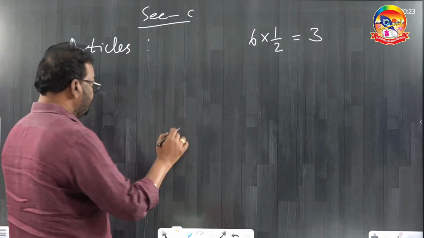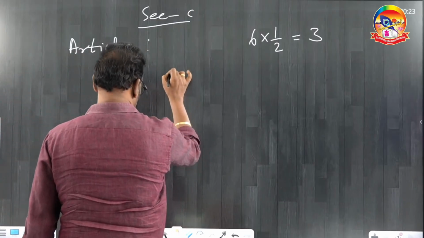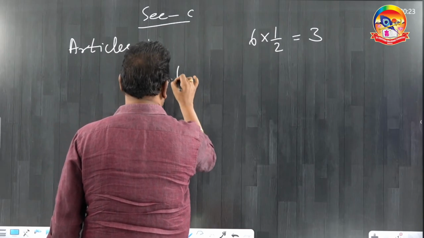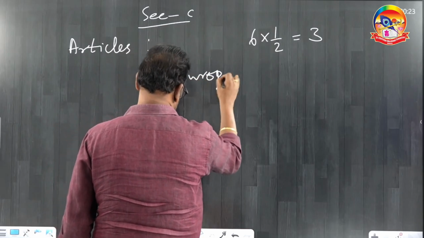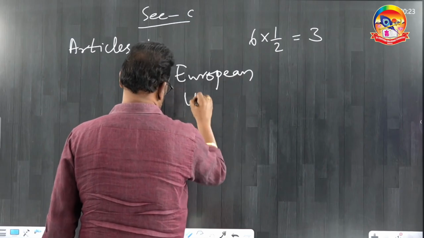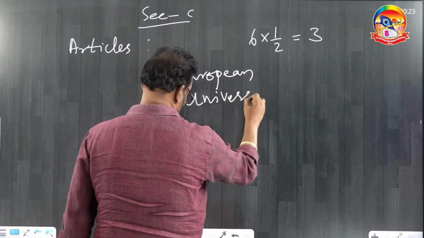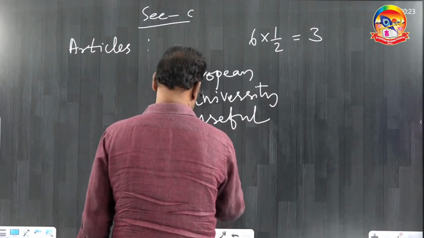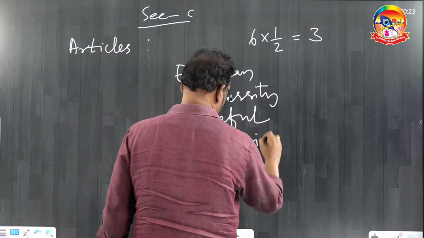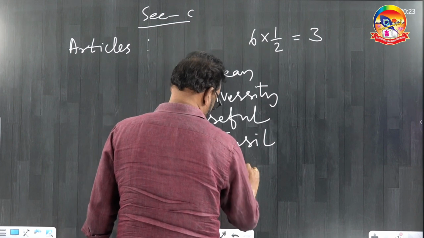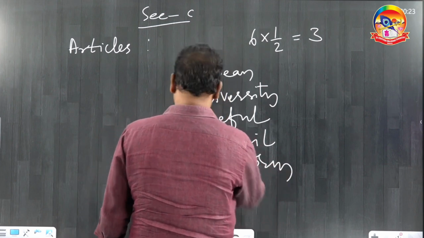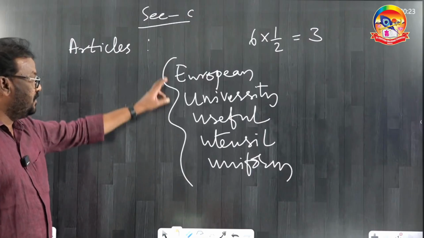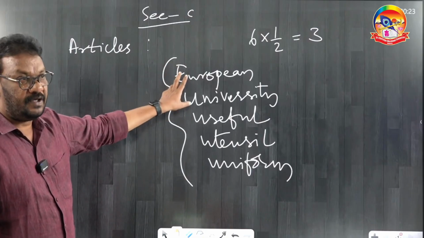For example, most of the students make mistakes while using articles before words like European, university, useful, utensil, uniform. Though all these words begin with vowels, for your kind information, they all make a consonant sound.